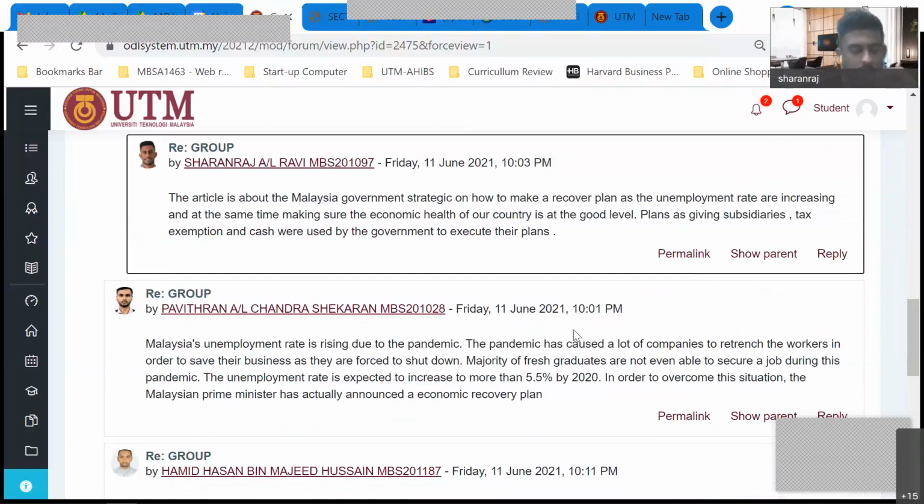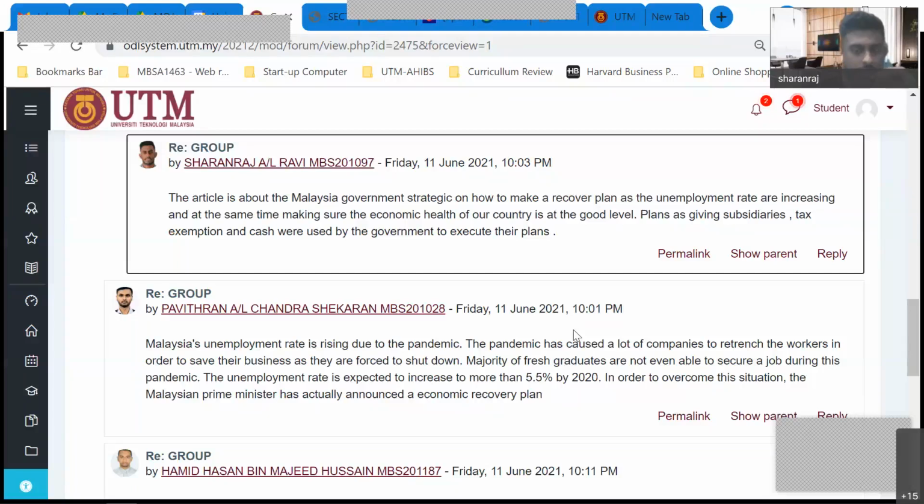The plan was basically giving subsidies to companies or SME companies so that they don't retrench the workers and still keep the workers. Some of the plans were giving tax redemption as well, so that the company can sustain through this COVID-19 pandemic, as the revenue and sales of the company might go down.